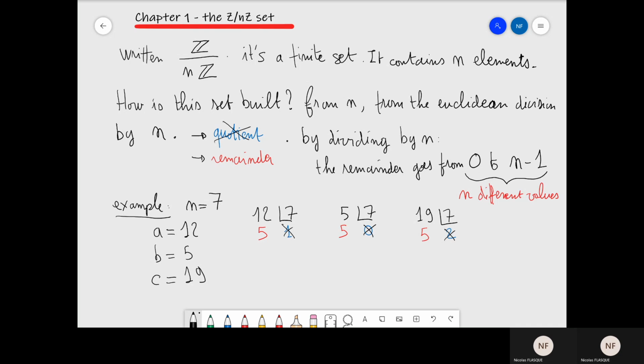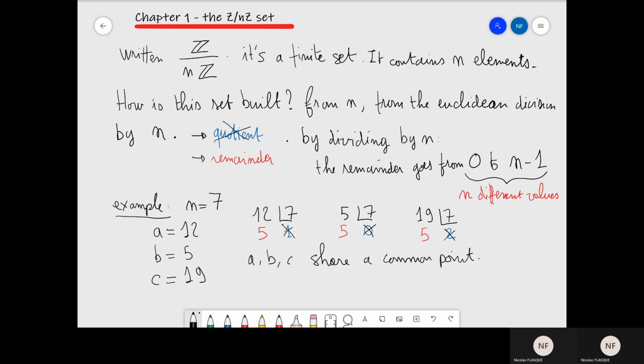So if we just have a look at those three Euclidean divisions, we find that A, B, and C have exactly the same remainder, which is 5, when they are divided by n, which is equal to 7. Actually, A, B, and C share what we can call a common point, or a common thing.